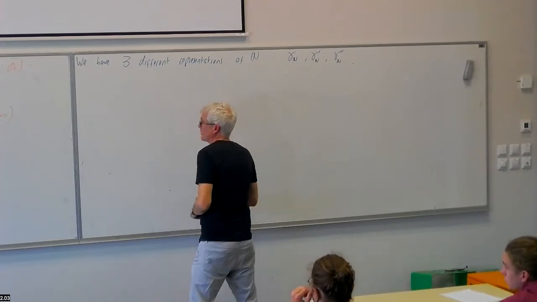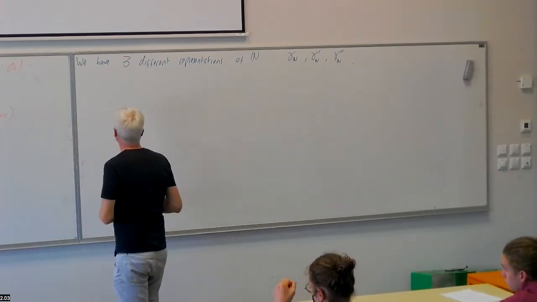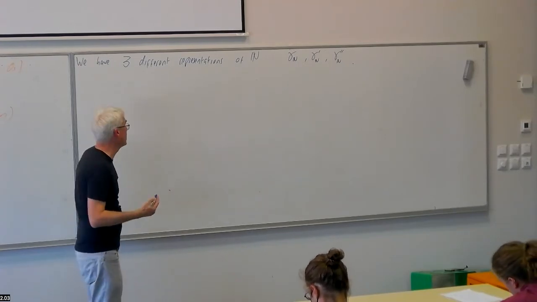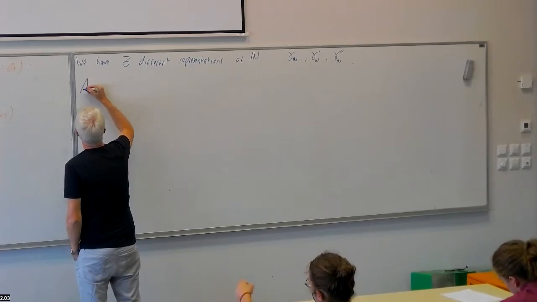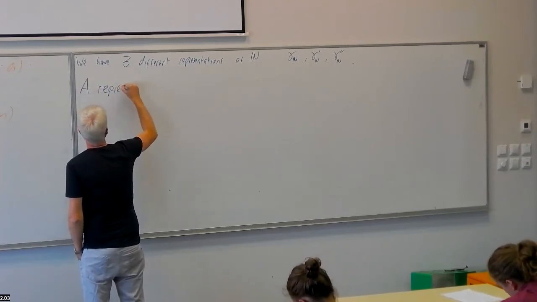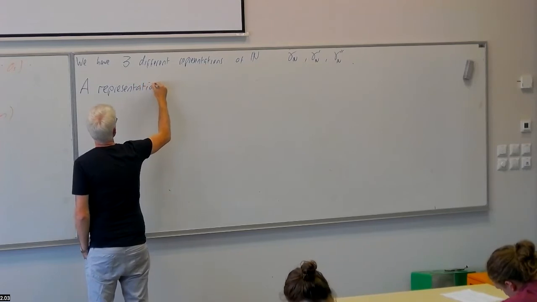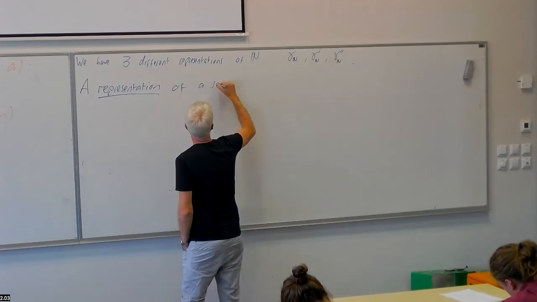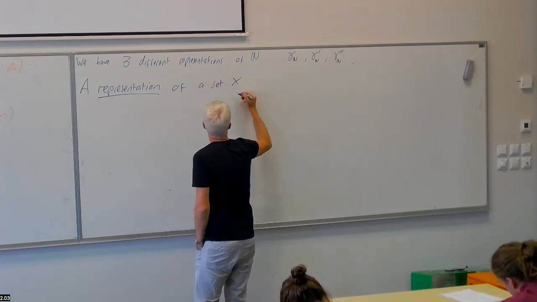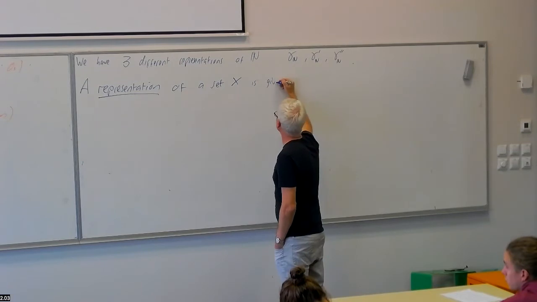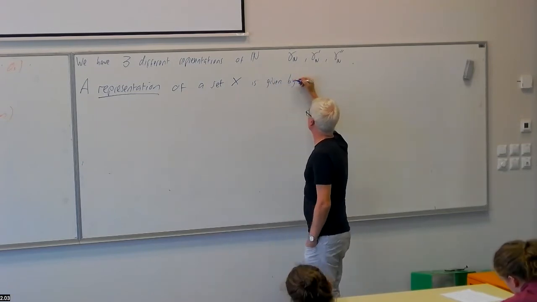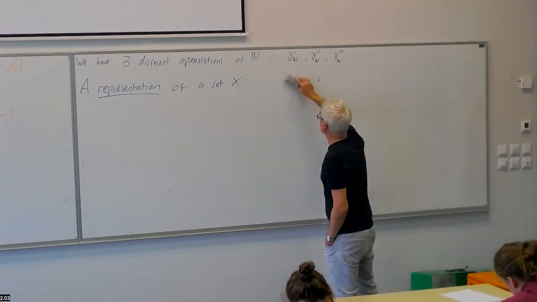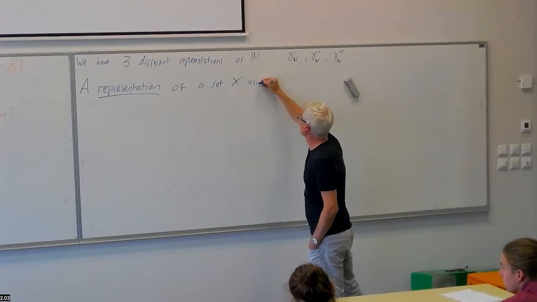So I now want to abstract from what I've done here for the natural numbers and give the general definition of a representation. The definition: a representation of a set X is given using an alphabet sigma.